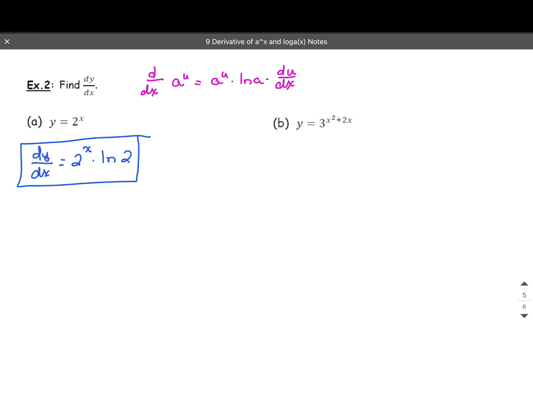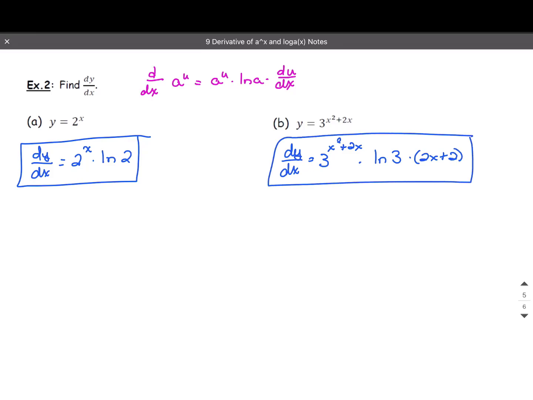Over here, dy dx equals, and we have 3 raised to the x squared plus 2x. So we keep the exponential function times the natural log of the base 3 times the derivative of the top, which would be 2x plus 2. And there we go. We've got our derivatives.